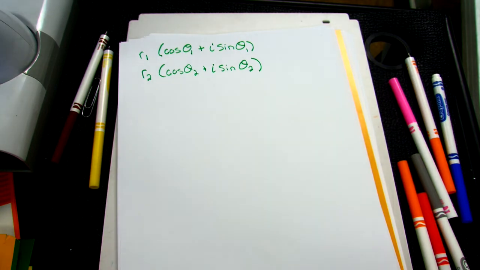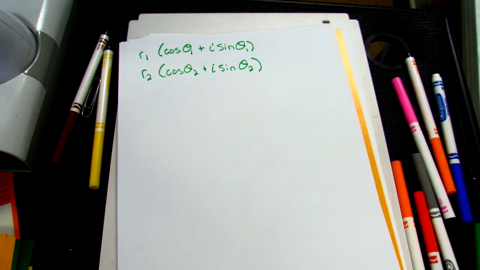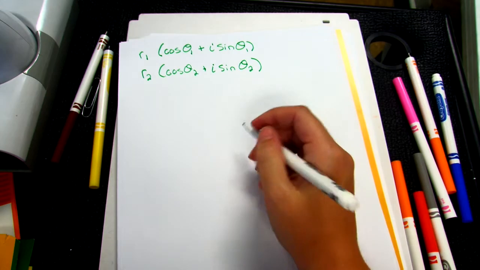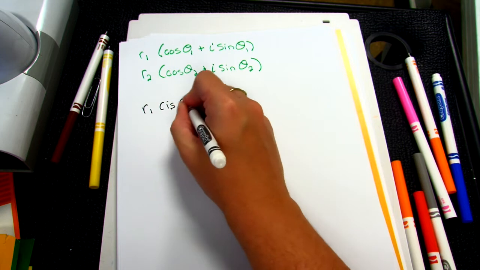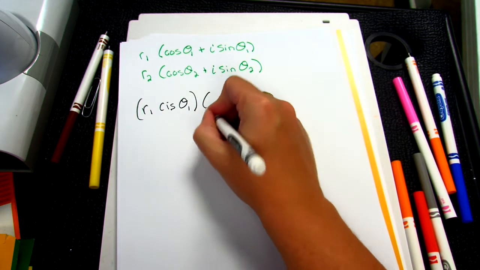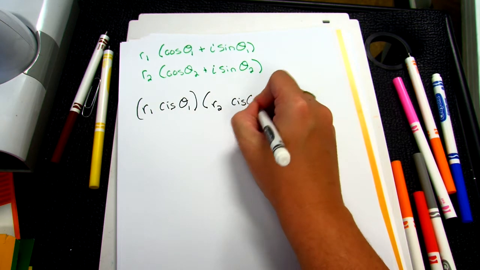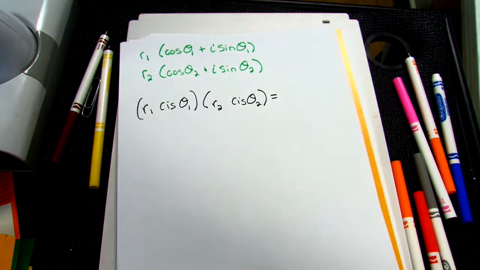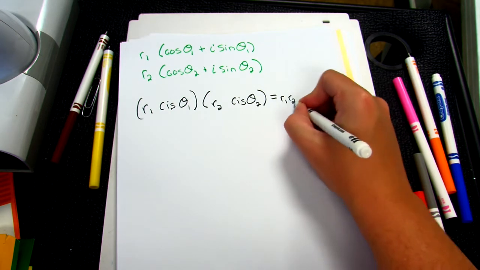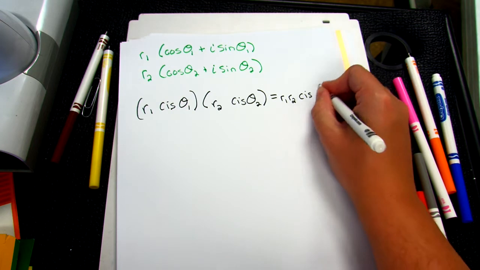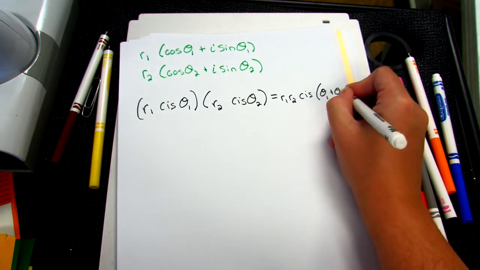Okay, so let's say you want to do a product. I'm going to give you the product formula, and then I'm going to give you the quotient formula, and then it's all about plugging the formulas in. So if you do r sub 1 cis theta sub 1 times r sub 2 cis theta sub 2, your formula will say r1 times r2 cis theta sub 1 plus theta sub 2.